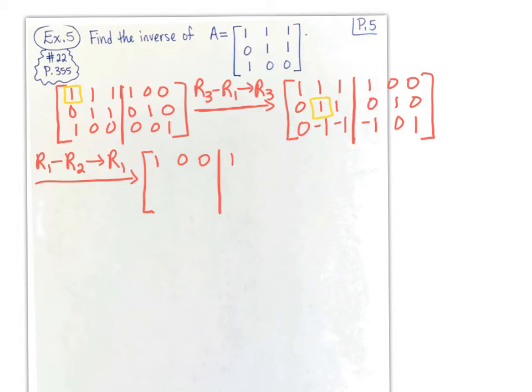Good. 0 minus 1, negative 1. And then 0 minus 0, 0. Row 2 isn't going to change. You have 0, 1, 1, 0, 1, 0. Row 3, what can you do to row 3?